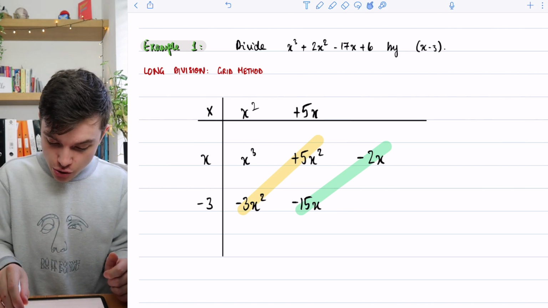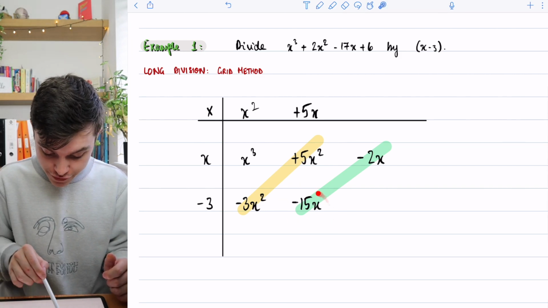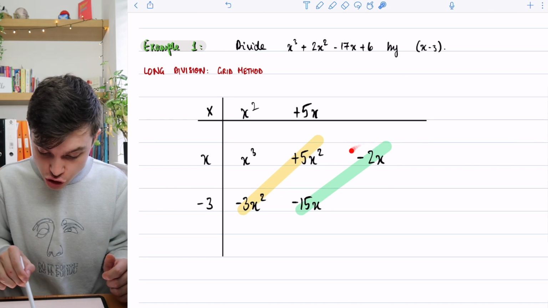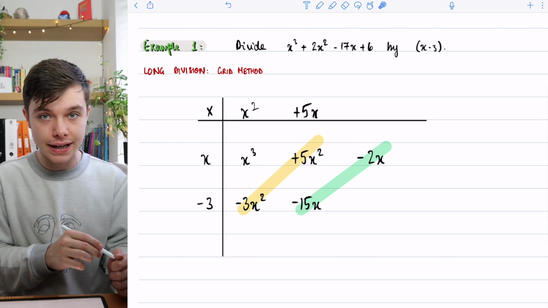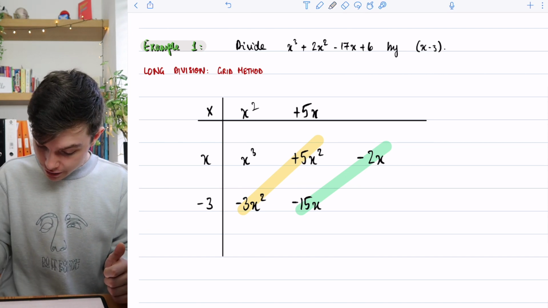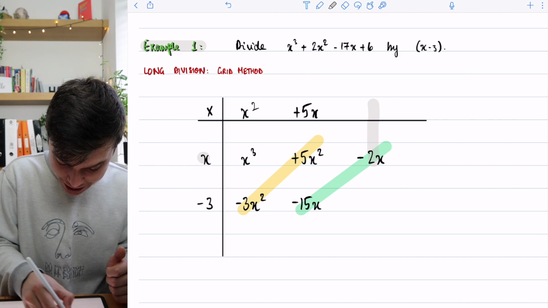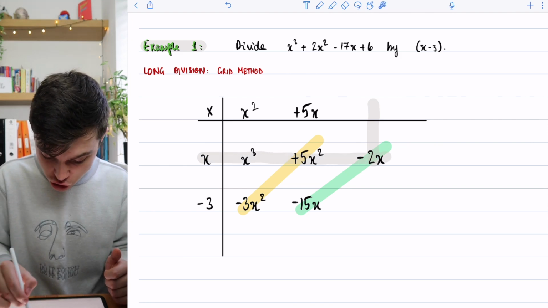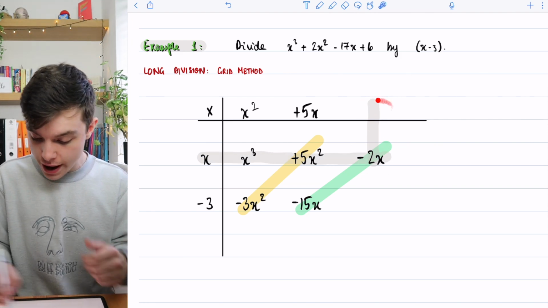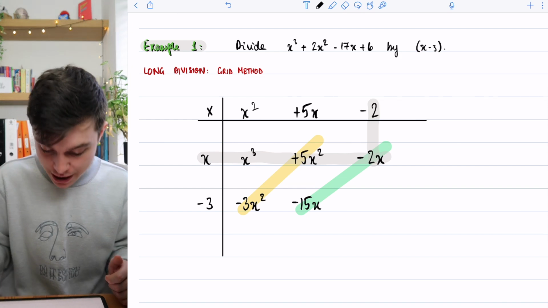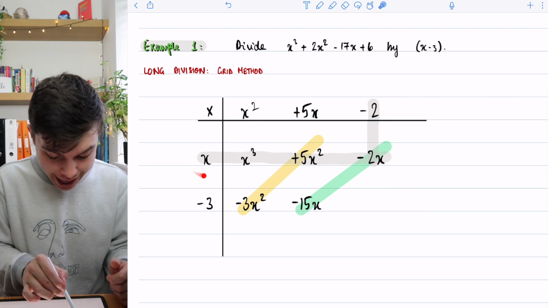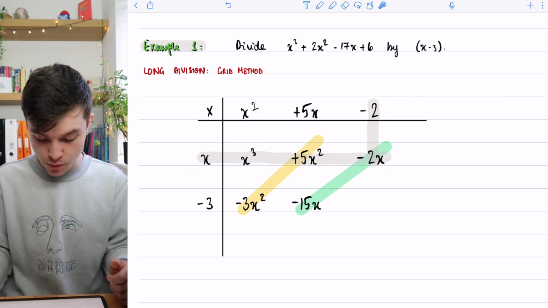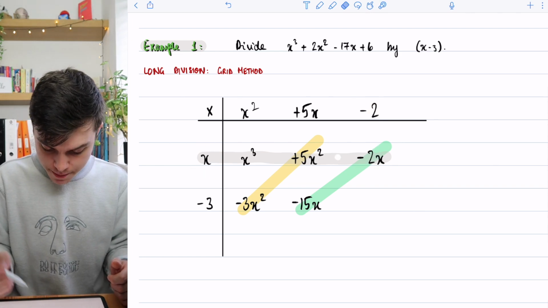I need to take 2 off because minus 15x minus 2x gives me the minus 17x that I need. Now, we can again think, what do I need to multiply x by to give me minus 2x? What's going to go here? That is going to be minus 2, because minus 2 multiplied by x gives me minus 2x. Okay?